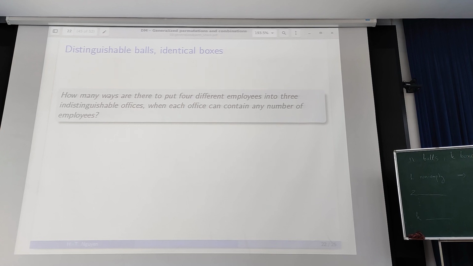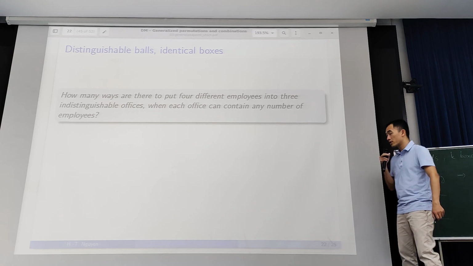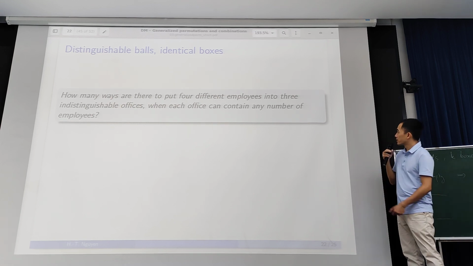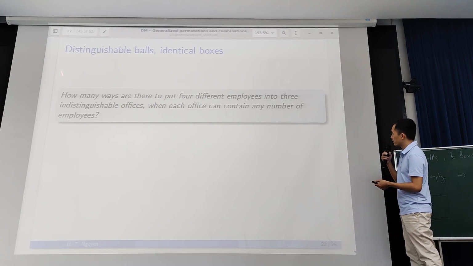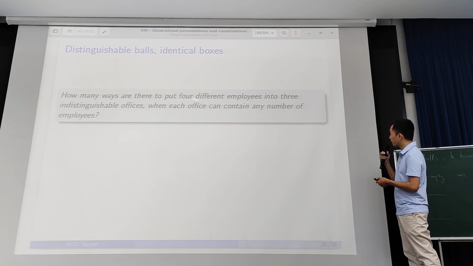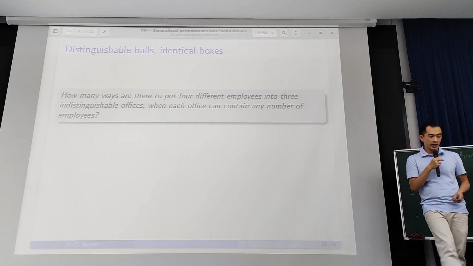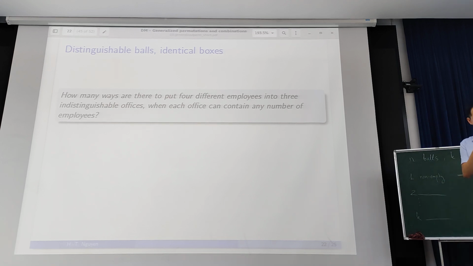Now, let us return to our example. So now I would like you to apply the formula that you have seen to this problem. The question is, you have 4 different people and 3 identical offices, and you want to count the number of ways to organize these 4 people into the offices, in which we allow empty offices.